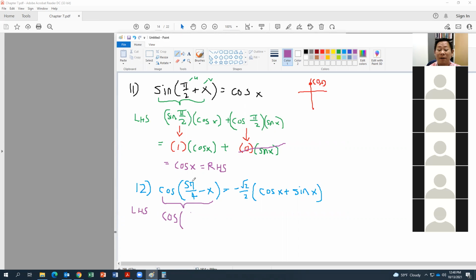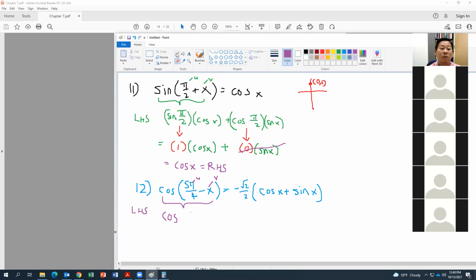What are u and v here? The u is 5 pi over 4. So cosine u is cosine of 5 pi over 4.